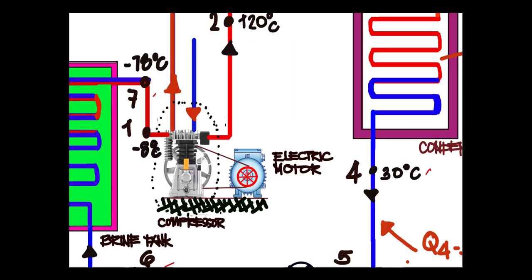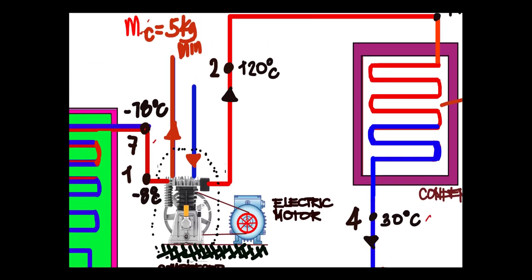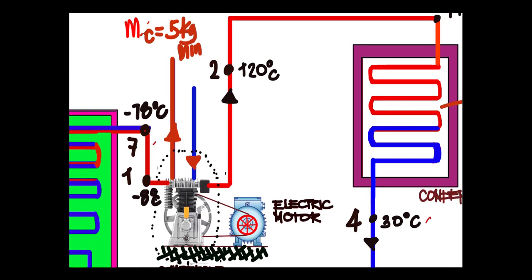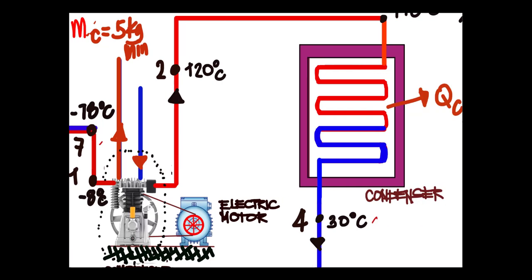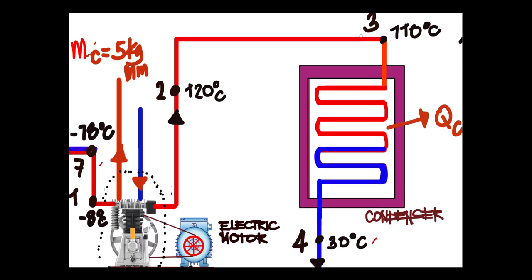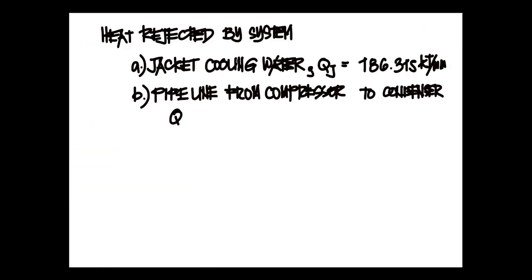So we have here your compressor going to your condenser. We have this one pipeline, from 2 to 3. So we have the heat from 2 to 3, that will be the mass flow rate of your ammonia multiplied by the change in enthalpy from 2 to 3.